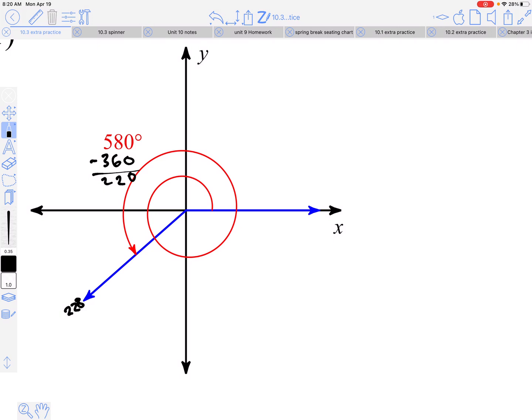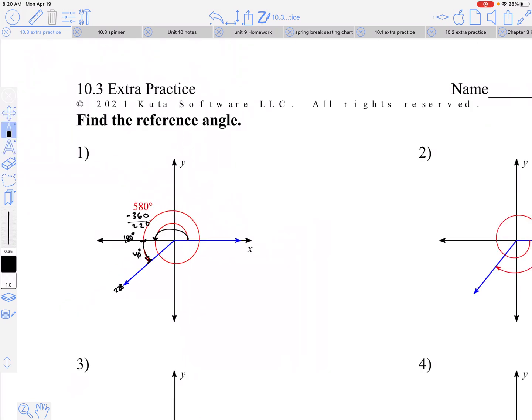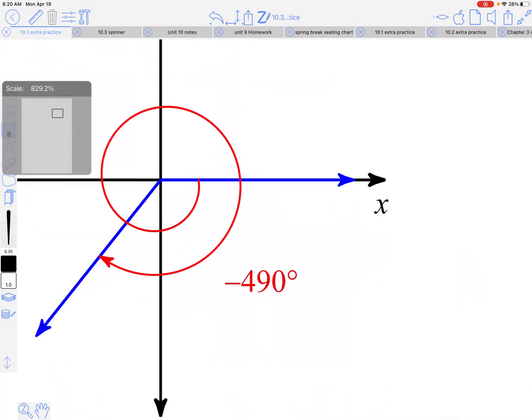So if I'm 220 degrees and to here is 180, I know that I went an extra 40 degrees. So from here to here, boom, 40 degrees. That's my reference angle.